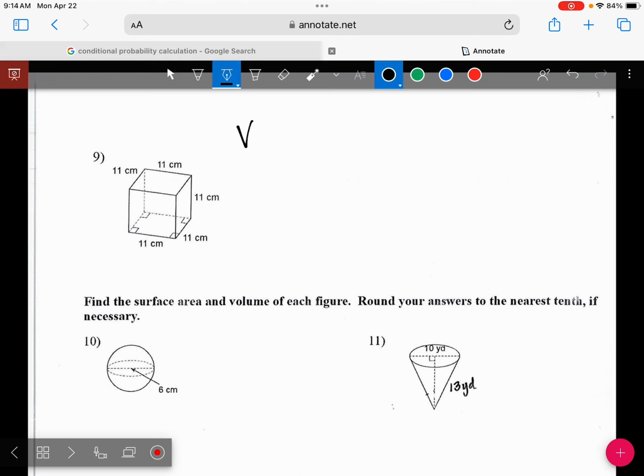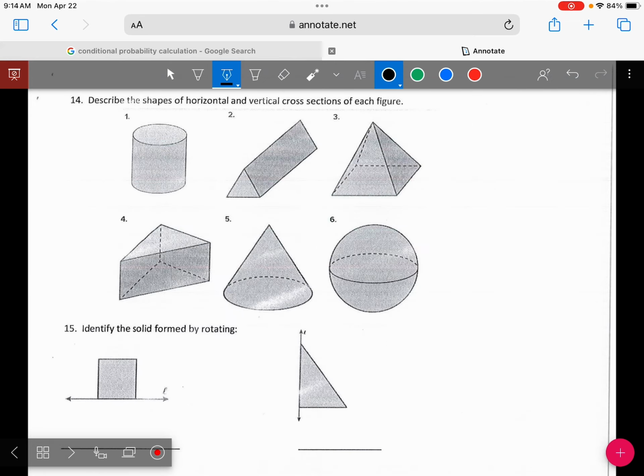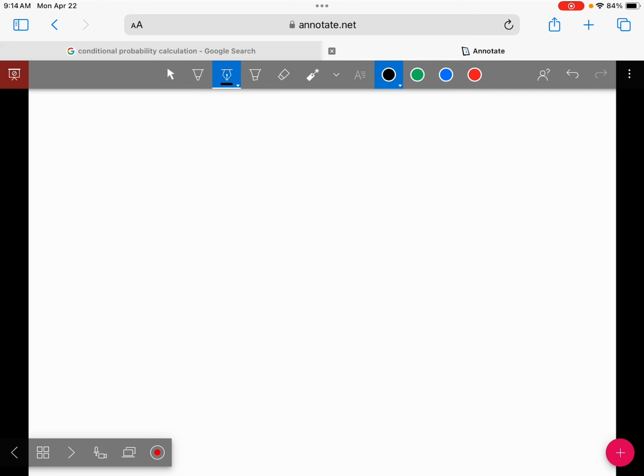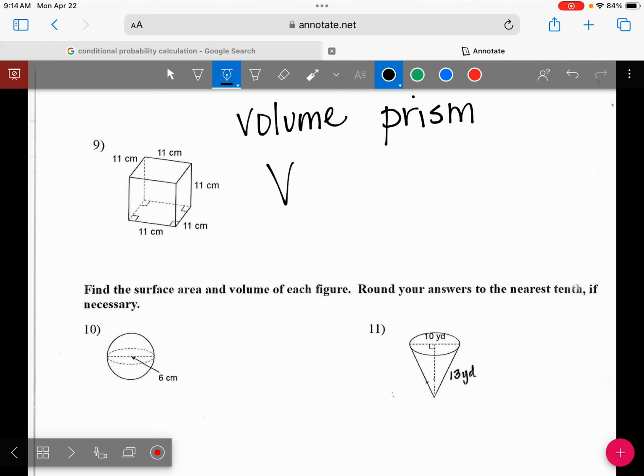So when you're asked to find the volume, let's first of all figure out what it is. This is a prism. So when I go to the last page, prism volume, this is the formula I'm going to use. So volume equals the area of the base times height.